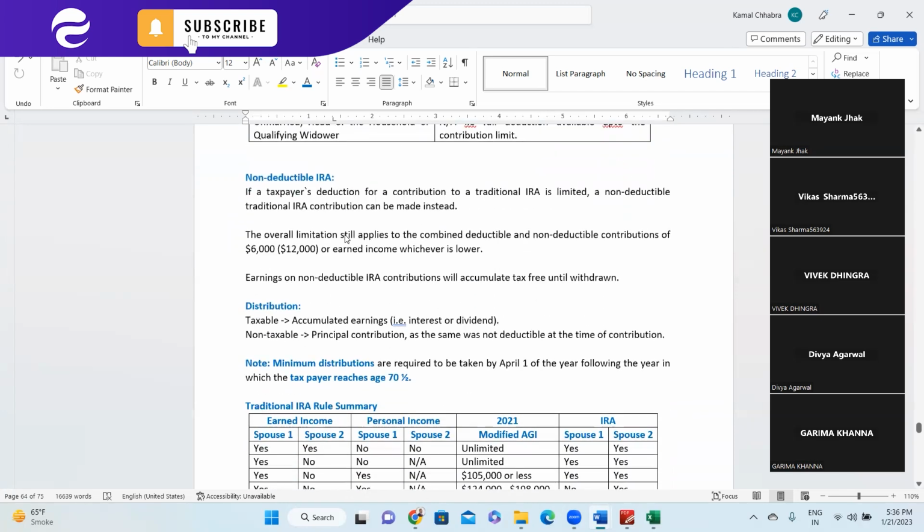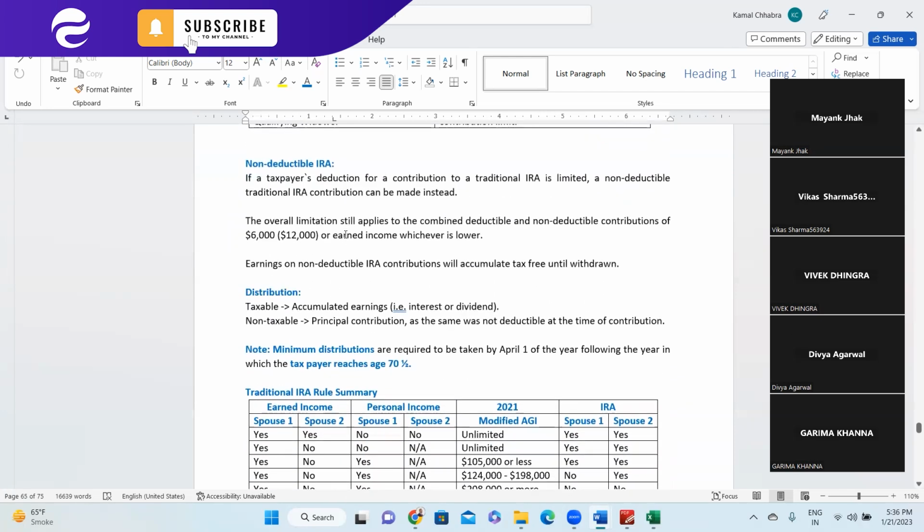Now coming on to the new topic, which is non-deductible IRA. If a taxpayer's deduction for a contribution to traditional IRA is limited, a non-deductible traditional IRA contribution can be made. So for example, if you cannot contribute to the deductible IRA, then you can contribute to the non-deductible IRA, right?